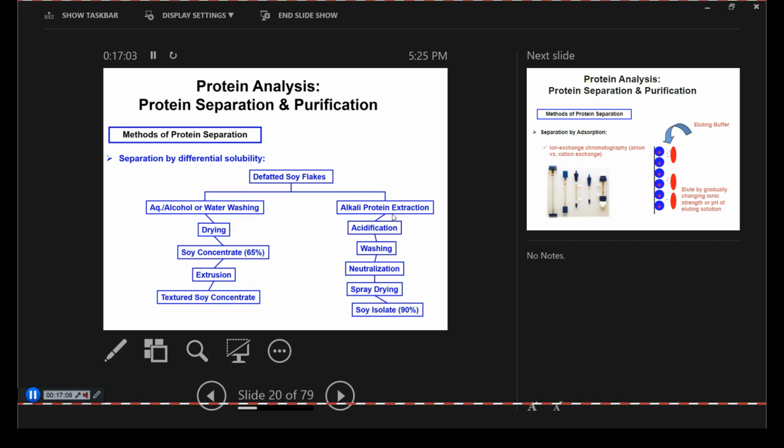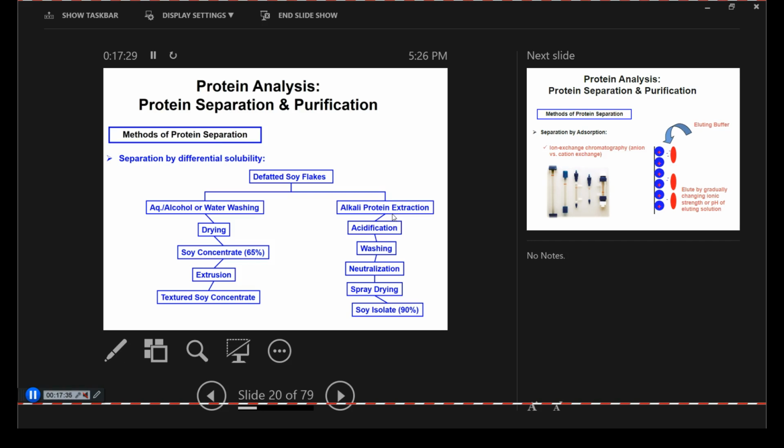The first step you want to do is remove the fat because it interferes with isolation of the protein with the solvents. The fat will be in the way and it will hinder the extraction of protein. So the first step is removal of the fat, and usually we want to bring the fat content to 2 to 3% to avoid interference and to maximize extraction of the protein.